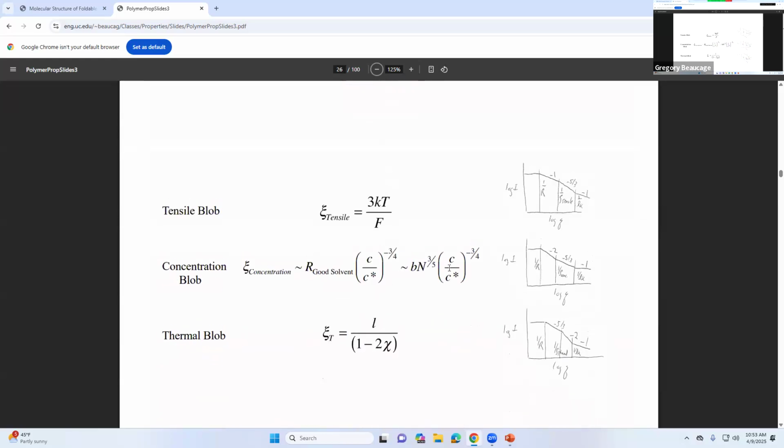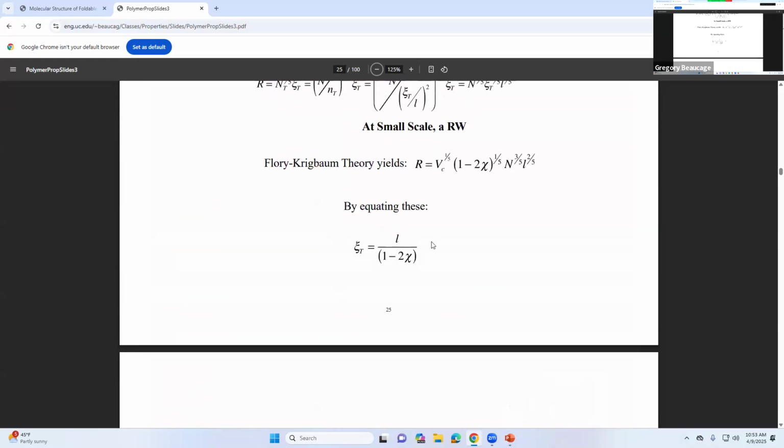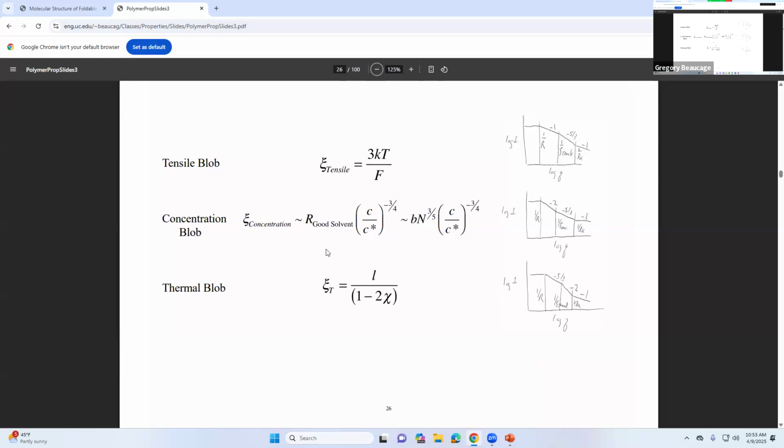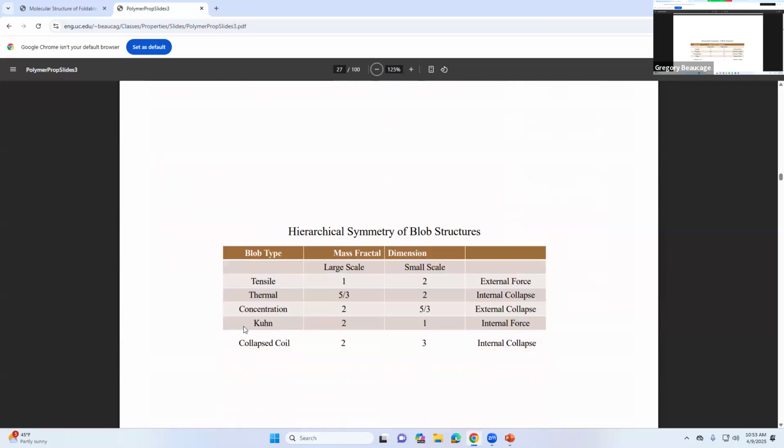That's the idea. That's the thermal blob, and we already went through the collapsed coil blob. We got all these kind of blobs. I think the scattering picture is kind of easier to look at, but maybe not. It depends how you want to look at it. But that's more or less the 3 kinds of blobs here.